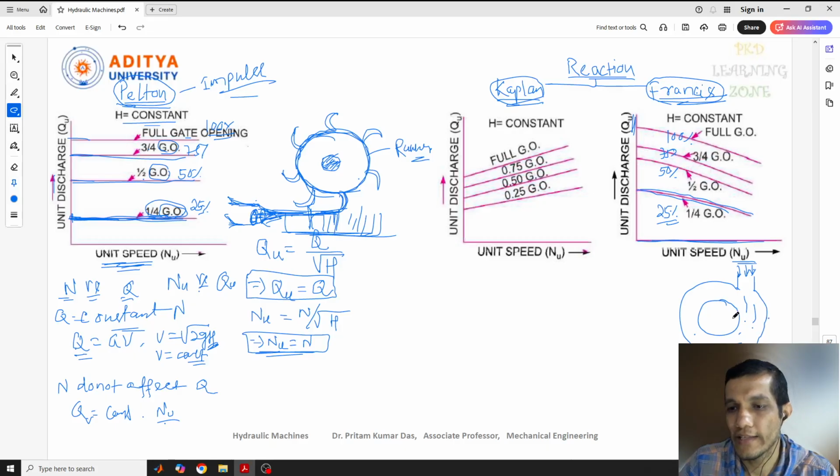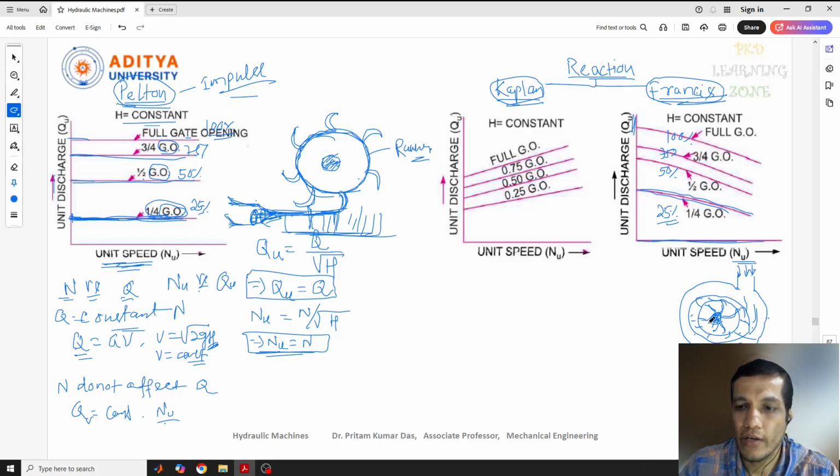Here we have the runners or blades, which are fixed here, and this is the shaft. And before this also we have some guide vanes fixed. So that means two types of vanes, one is guide vanes, another one is runner vanes. The water coming from outside goes to this turbine through these guide vanes. That we have discussed previously.